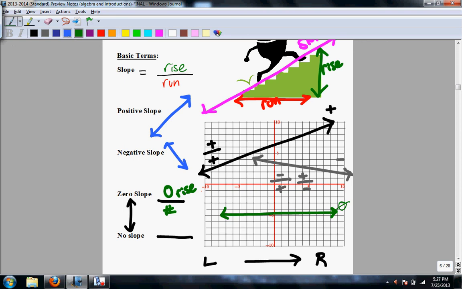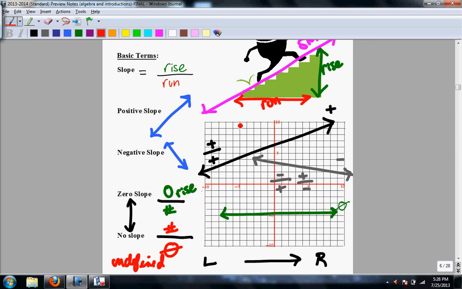Now, no slope goes like this. It means you have no run, so technically there is a 0 in the denominator here. So there's a number over 0. We have a saying in the math department, only God can divide by 0. The rest of us, we can't do that. So we would call this no slope or undefined. And since it has a 0 run, that means it has no left or right motion.